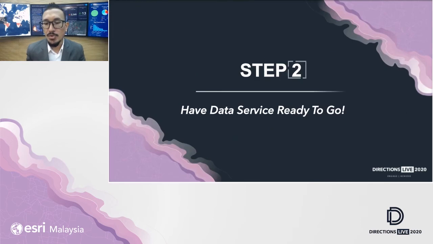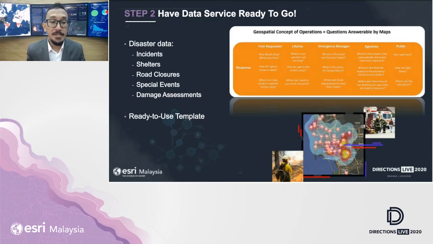Step 2 is to have a data service ready to go. Data service refers to the feature service from the ArcGIS Online perspective. There are some elements that are very important during a disaster and able to be conveyed in a map, like incident details, shelters, road closures, special events, as well as other events during the disaster, such as damage assessment.